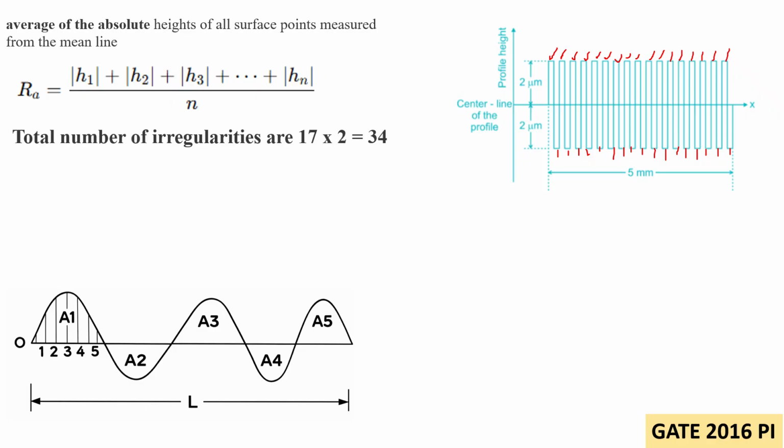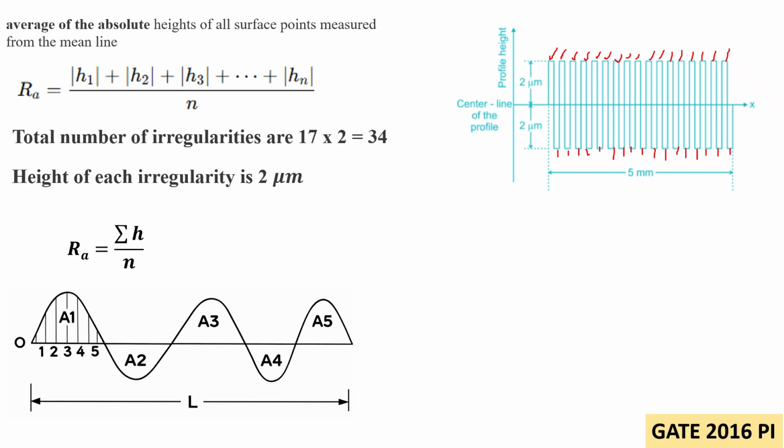So the total number of irregularities is 17 above the mean line and 17 below the mean line. Then the total number of irregularities is 17 into 2, that is 34, and the height of each irregularity is 2 microns.